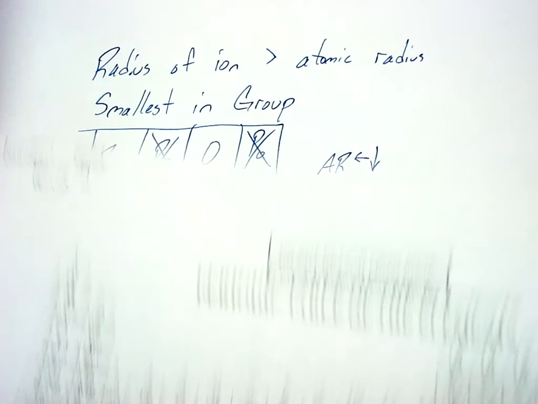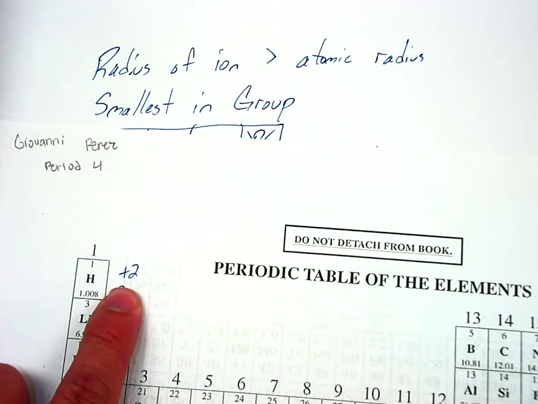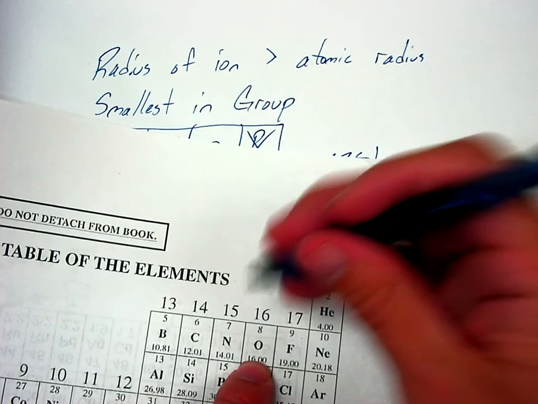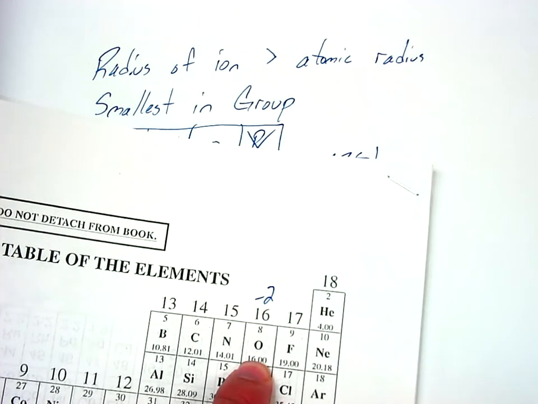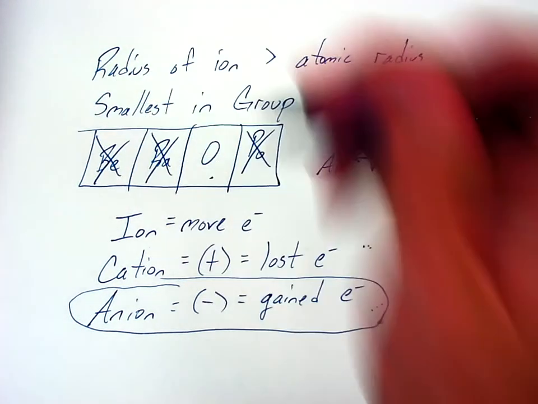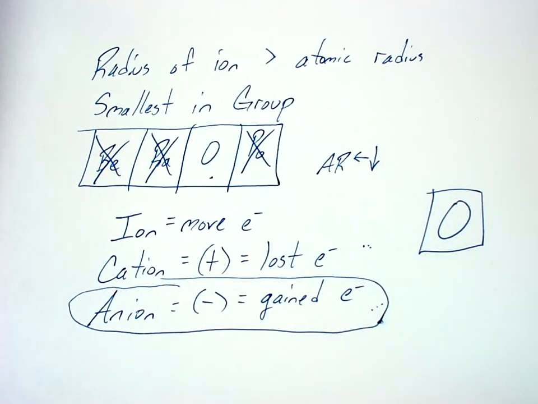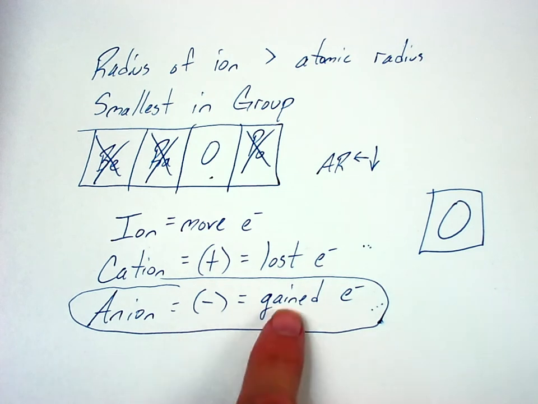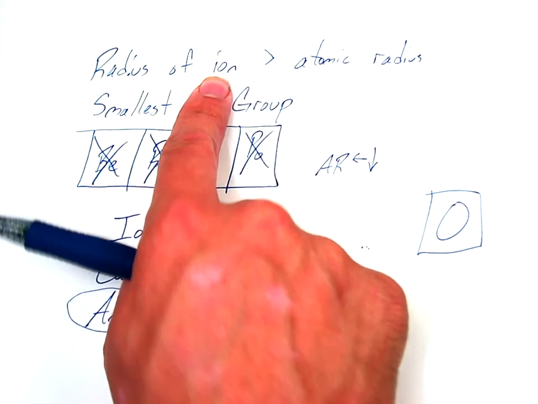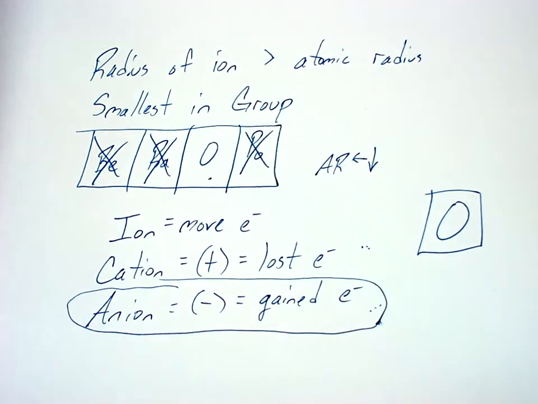Beryllium's predicted charge is +2. Oxygen's predicted charge is -2. Which one is the anion? Oxygen. Oxygen has to gain electrons to become an ion, therefore the radius of his ion is larger than his radius when he is not an ion.